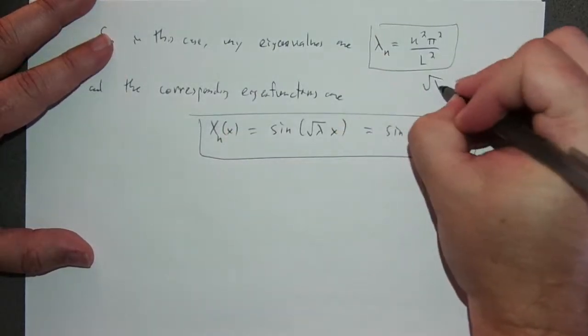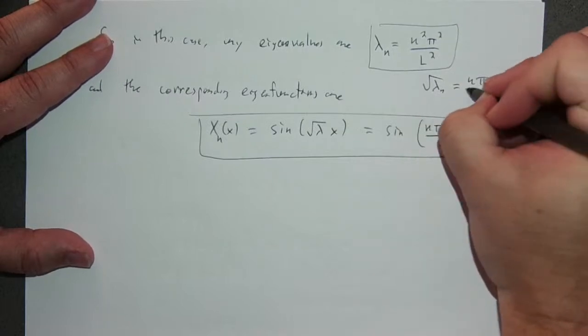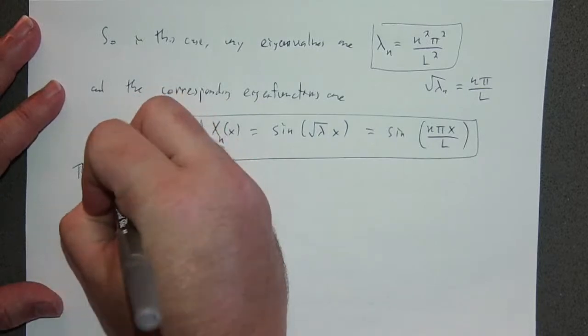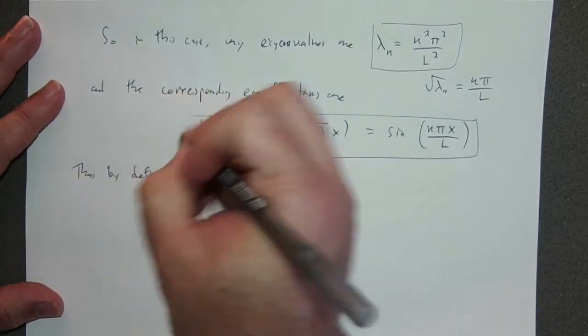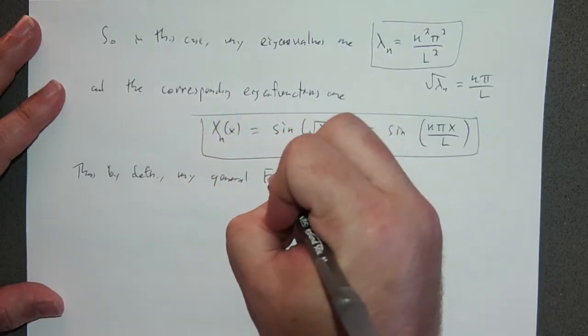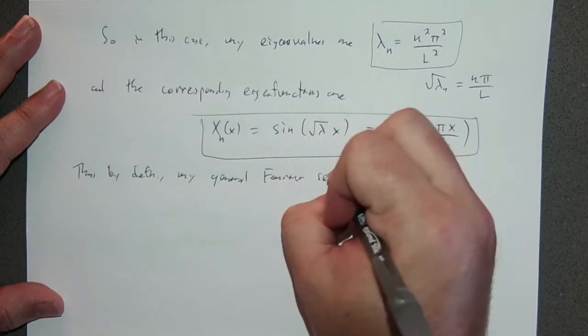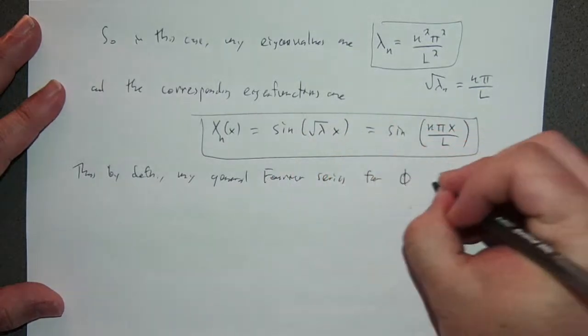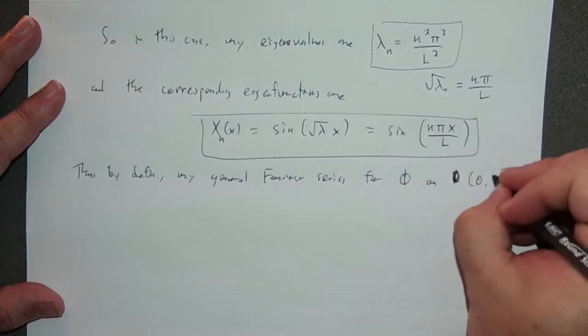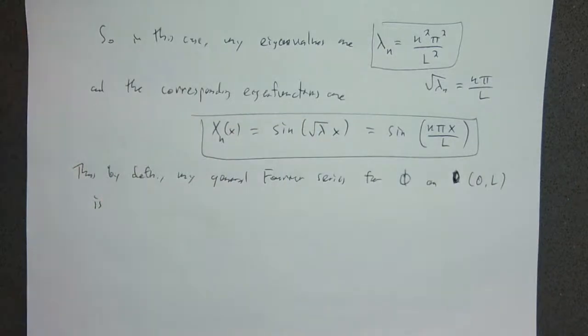So square root of lambda sub n is n pi over L. That's another way of writing that. Thus, by definition, my general Fourier series for phi on the interval 0 to L, let's go back to my definition.